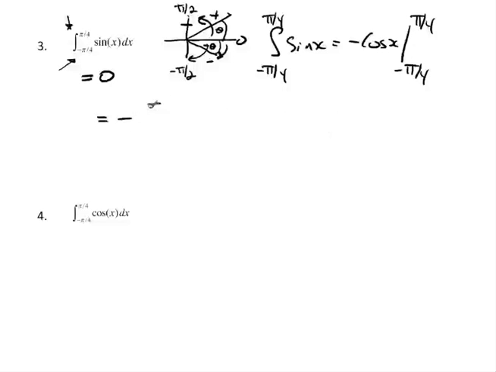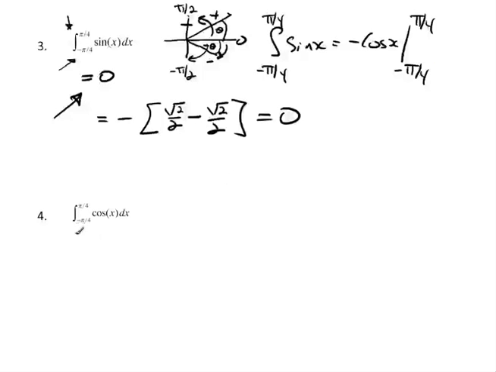This is equal to a negative of cosine of pi over 4, which is root 2 over 2, minus cosine of negative pi over 4, which is also root 2 over 2. So this is 0, just as I said it was, without going through all this work.